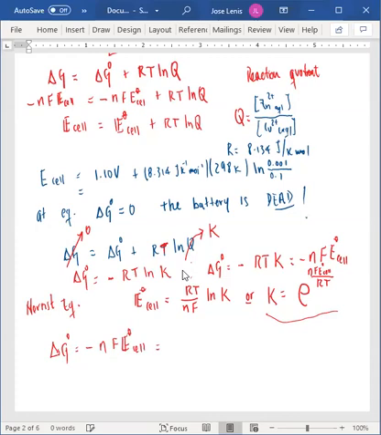It's easy to calculate, which is going to be negative N, for our case, 2 electrons, times Faraday's constant, which is 96,485 coulombs per mole.